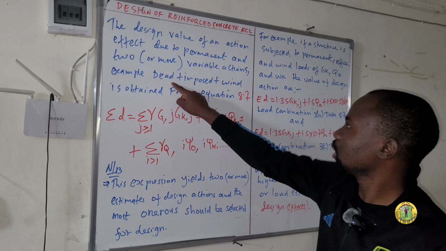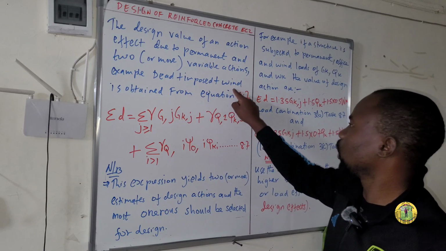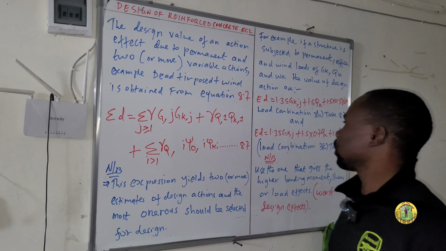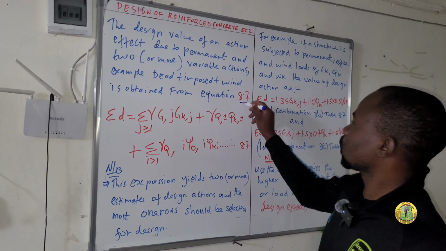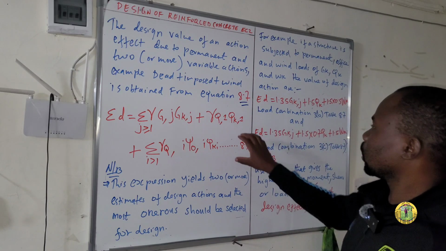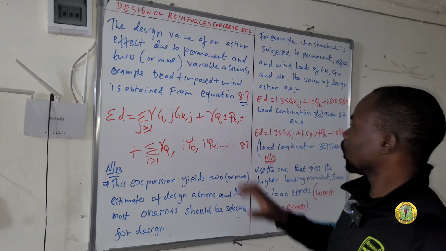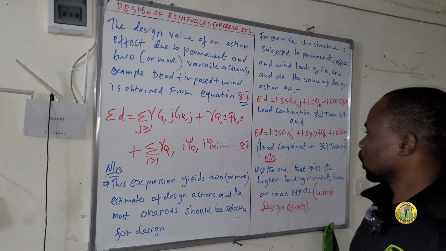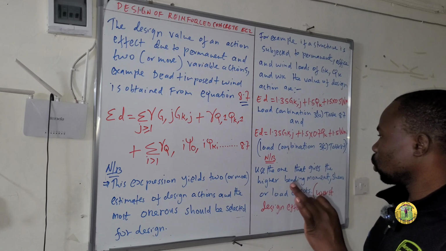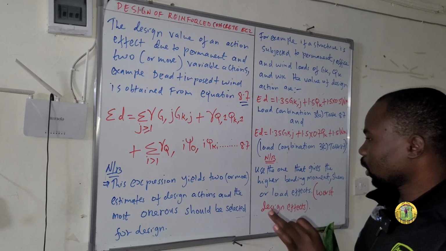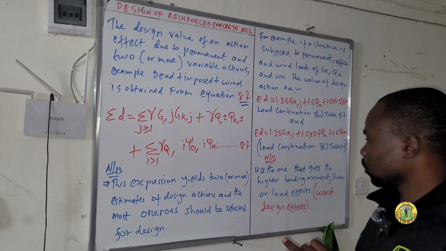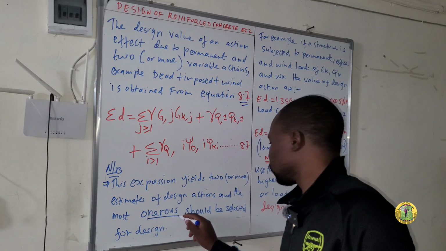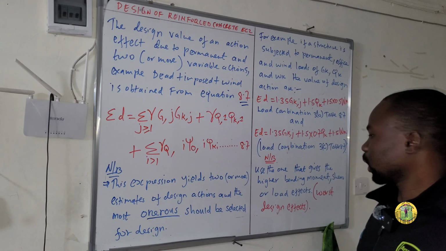For example, the dead plus imposed plus wind load is obtained from expression 8.7. So it's obtained from this expression. A point to note: this expression yields two or more estimates of design action, and the most onerous should be selected for design.